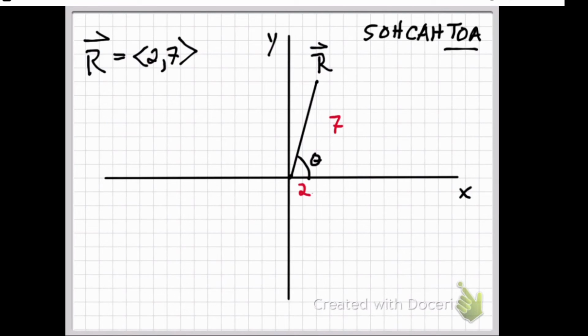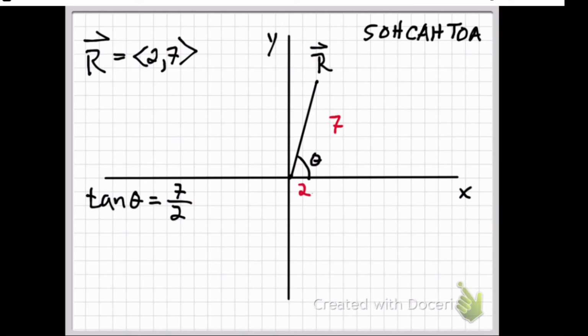We have 2 and 7. 7 is the opposite, and 2 is the adjacent. And T stands for tangent. So we're going to write tangent of the angle theta is equal to the opposite, which is 7, divided by the adjacent, which is 2.